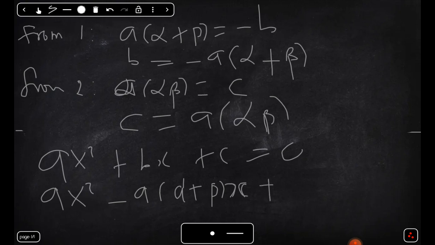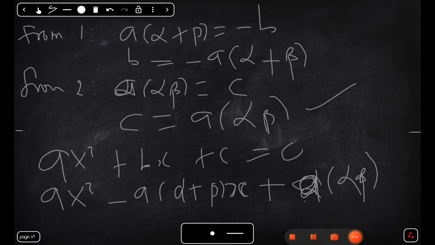Our c now is a into alpha beta, which we are substituting into the quadratic expression. Since a is common to all of them, we can proceed by factoring out a.